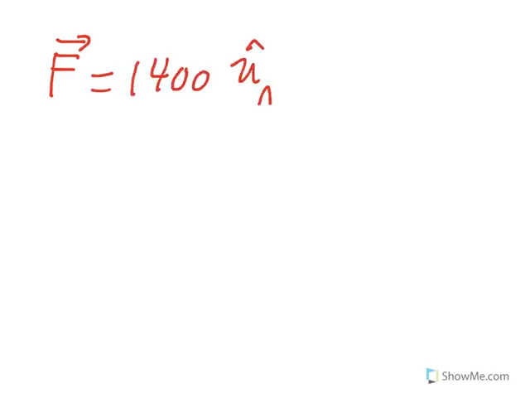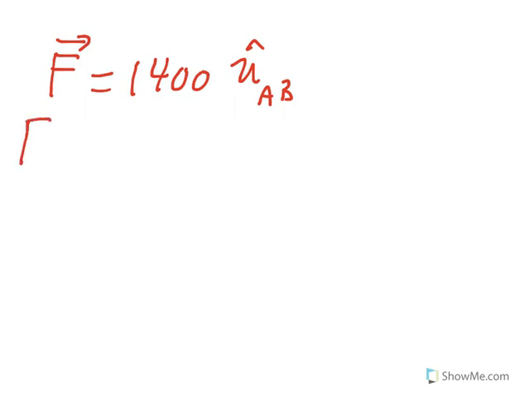Once again, we said that this force is 1400 times the unit vector along AB. Remember, a unit vector has magnitude of 1. So if you multiply 1 by 1400, the magnitude is still 1400. The magnitude is not affected.